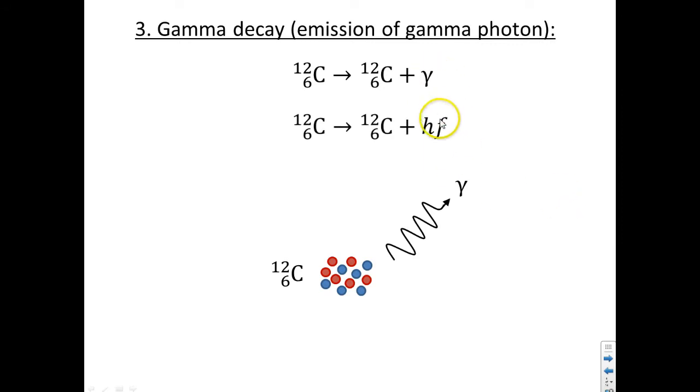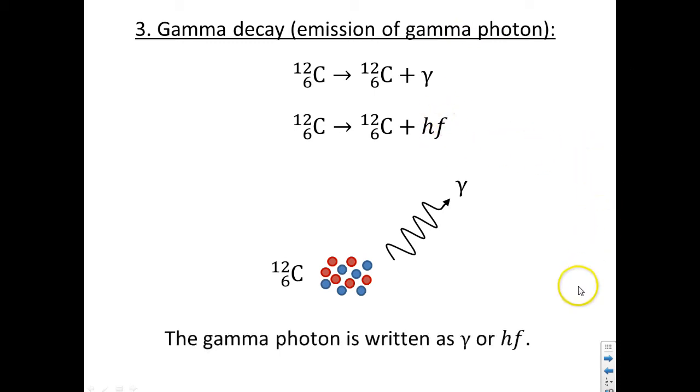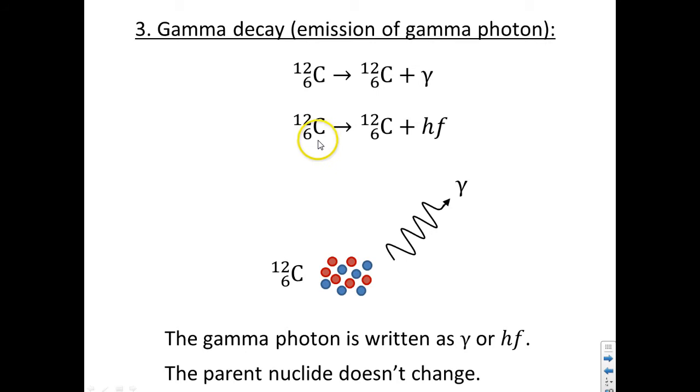We could also write the photon as having some energy h times its frequency. That's true for any photon. And because this gamma photon has such a high energy, gamma is the highest, the frequency will be really high. So we can write it either way. And the thing to notice is the parent nuclide doesn't change. It's carbon-12 in both cases.